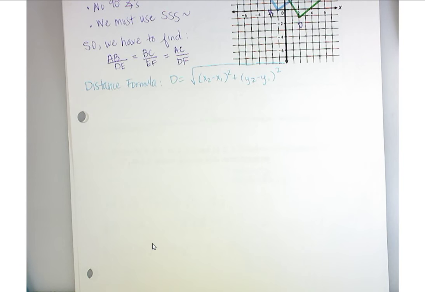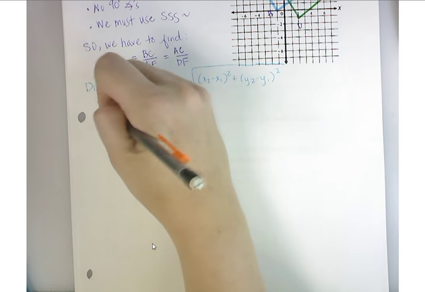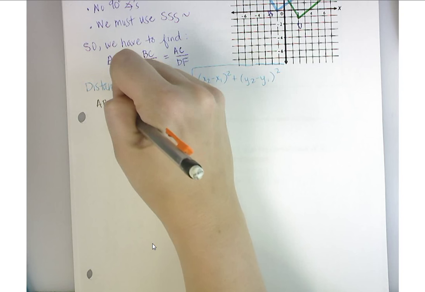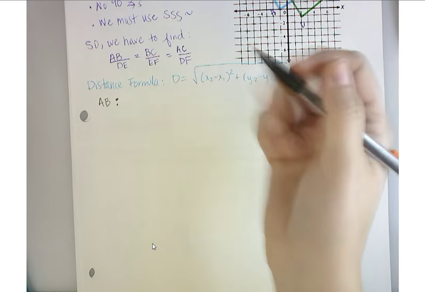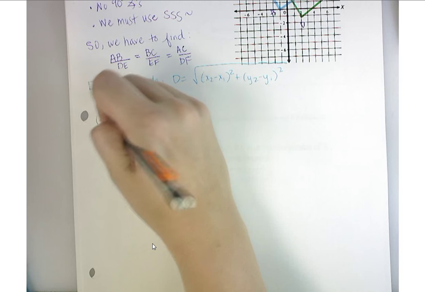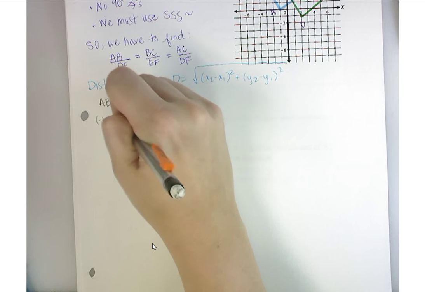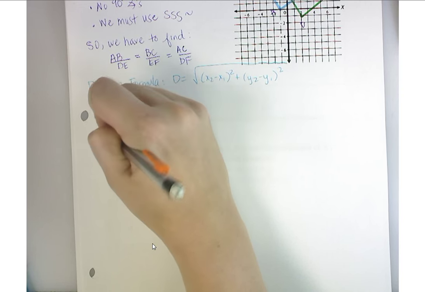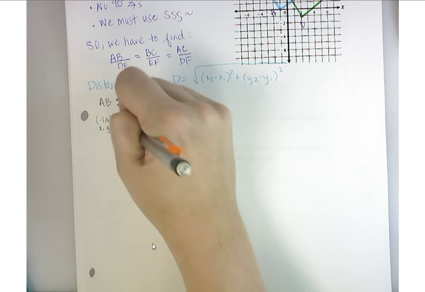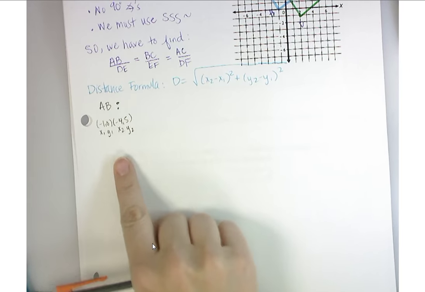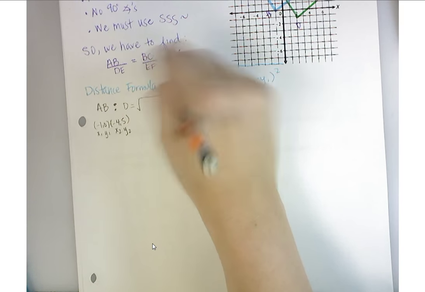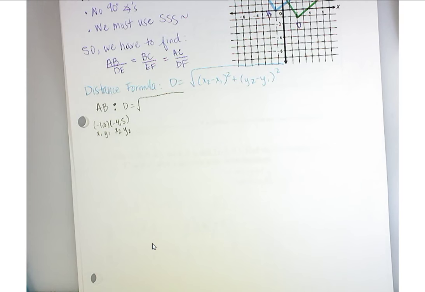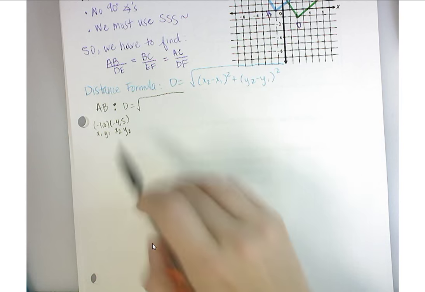Okay, so the first thing we're going to find is AB. What I like to do for this is I'll write out my A and my B. So -1, 0, and then -4, 5. And I think of it as x1, y1, x2, y2. And then I can see it when I'm plugging in. Now, because we're going to be doing the distance formula many times, you might just want to try to do some of this in your head.